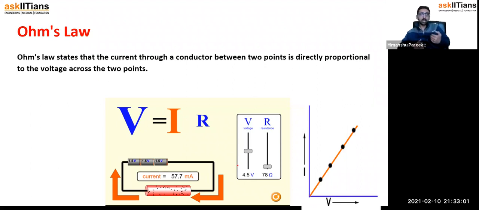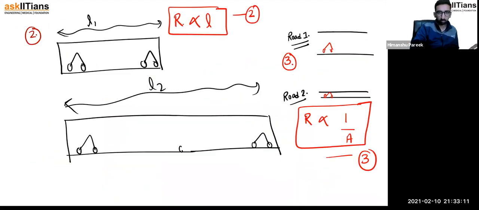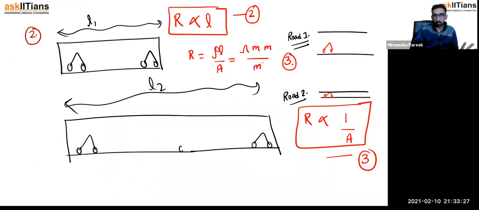What we understood in the previous lecture was the potential difference, which we denote by the symbol V. Yeah, I forgot one more thing here. If you look at the resistance formula, R is equal to rho L over A. Now the rho unit is ohm meter, the length unit is meter, and the area unit is meter square.